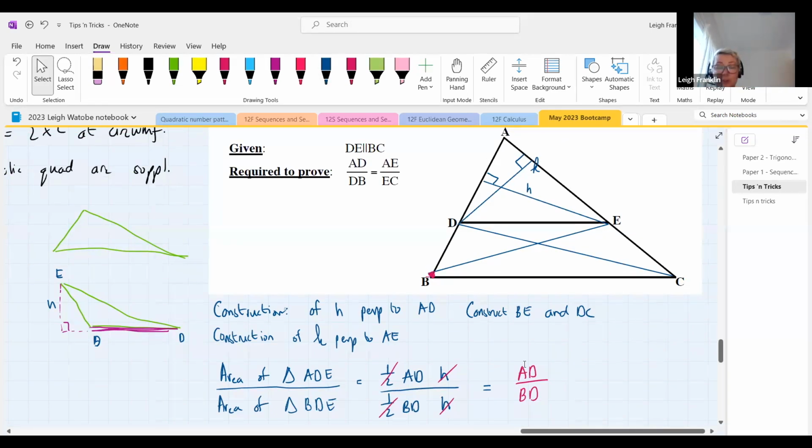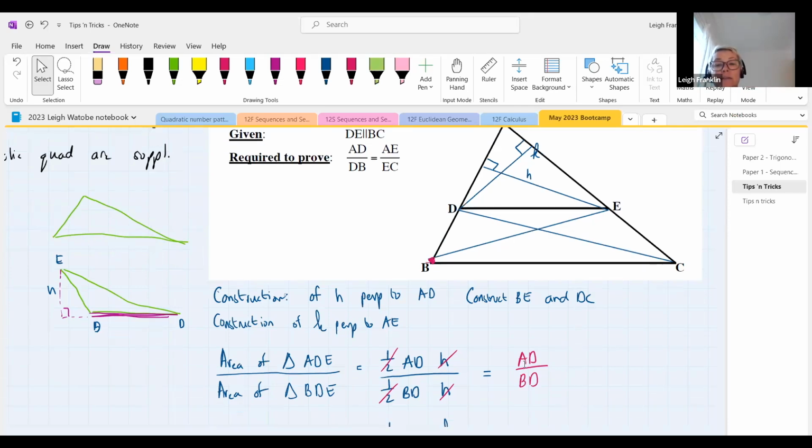So just scooching up again, there you can see that AE is now the base. In the first bit that I was writing, I was looking at AD as my base. Now I'm looking at AE as my base. Again, can you see triangle CED? Can you see that its perpendicular height also lies outside the triangle? It's line K and it's perpendicular to line AEC.